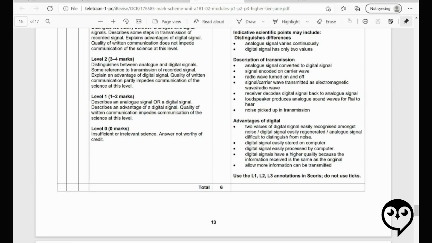They add some reverb. Digital signals are of higher quality because the information is received as the original. And more information can be transmitted. If you've done this unit in your course, you would know these are some of the advantages of digital, so I'd leave you to that.